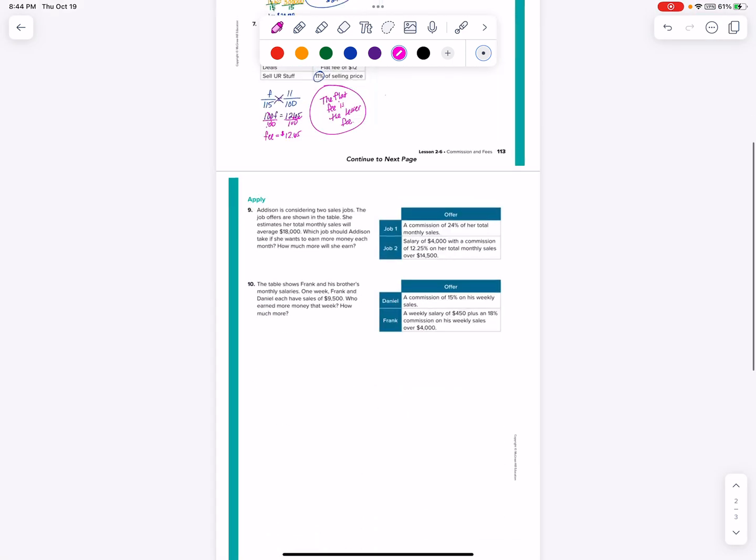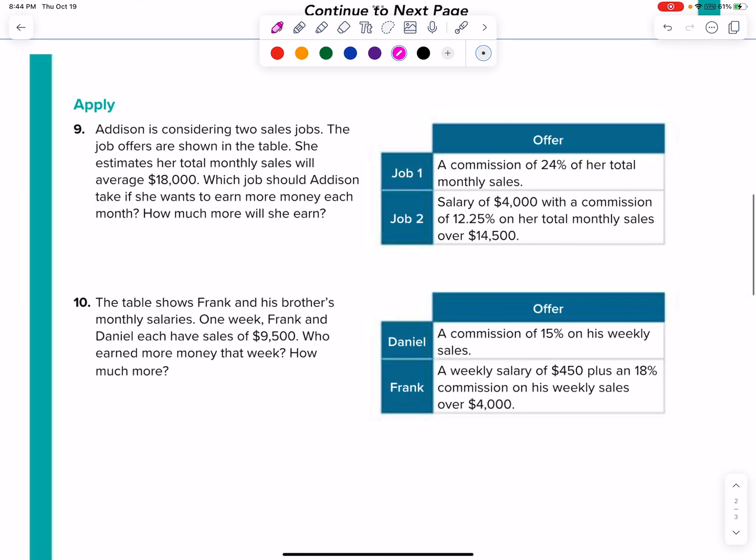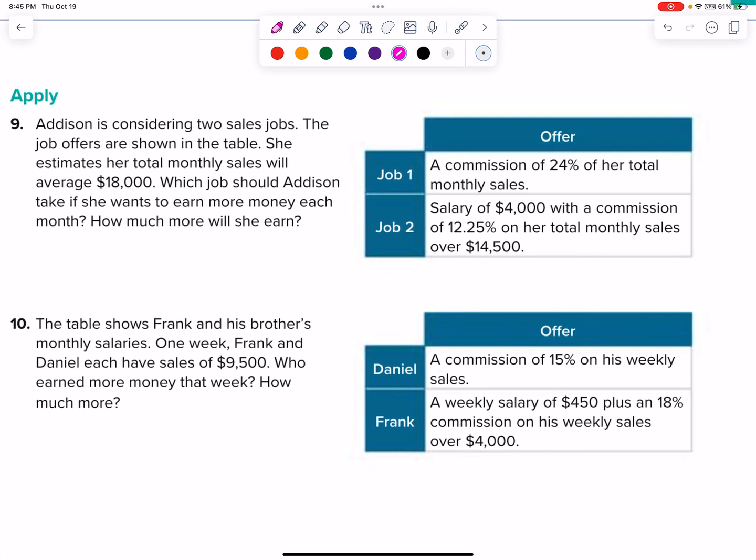I like those ones. All right, here's the little bit of a pain ones, right? So I'll do 9, you do 10, and we'll see what we come up with here. Okay, so Addison is considering 2 sales jobs. The job offers are shown in the table.